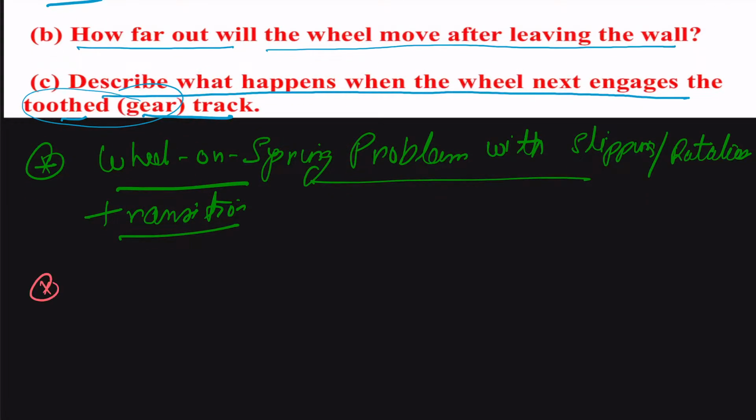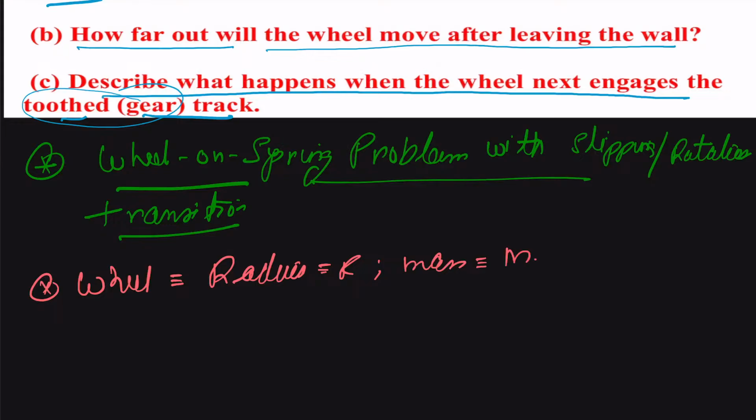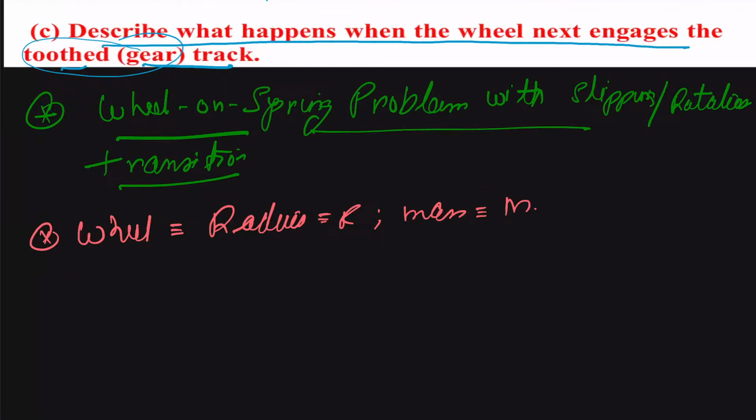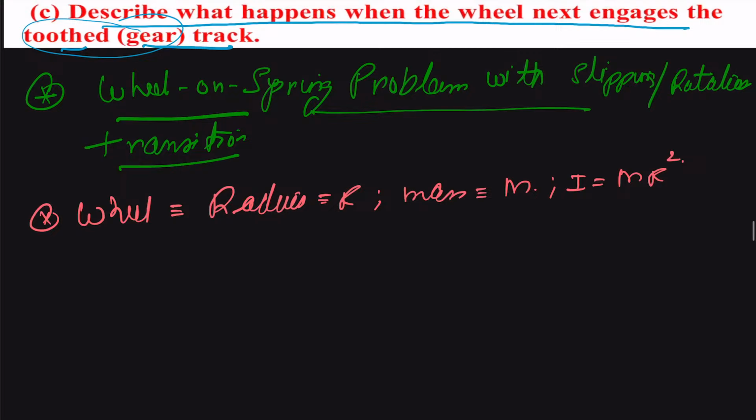We have a wheel, and its radius is given as capital R. Its mass is capital M, and it is given that all the mass is at the rim, so we can say its moment of inertia I is equal to MR squared. Okay, so let me write here two things.